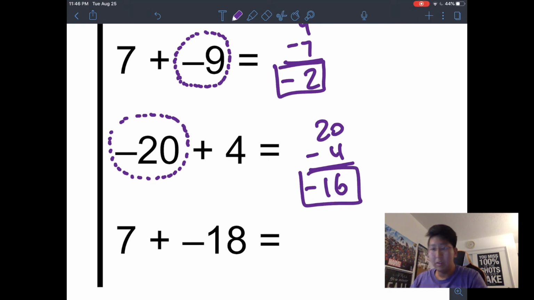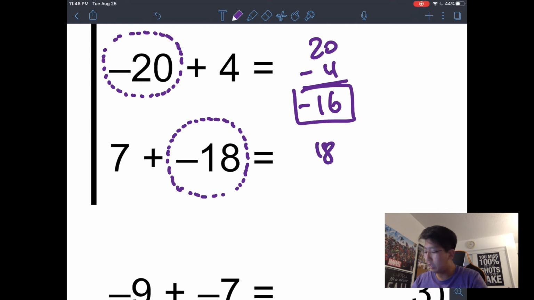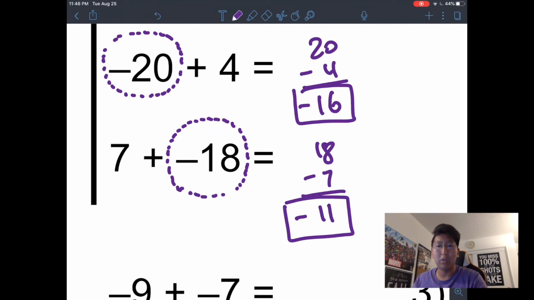Okay? So it's going in the opposite directions, -20, then you add 4, it's going to still be a negative. Here, we're going to subtract from the number further from 0, -18. So 18 minus 7 is 11, and the answer is negative because -18 is further from 0. Okay?